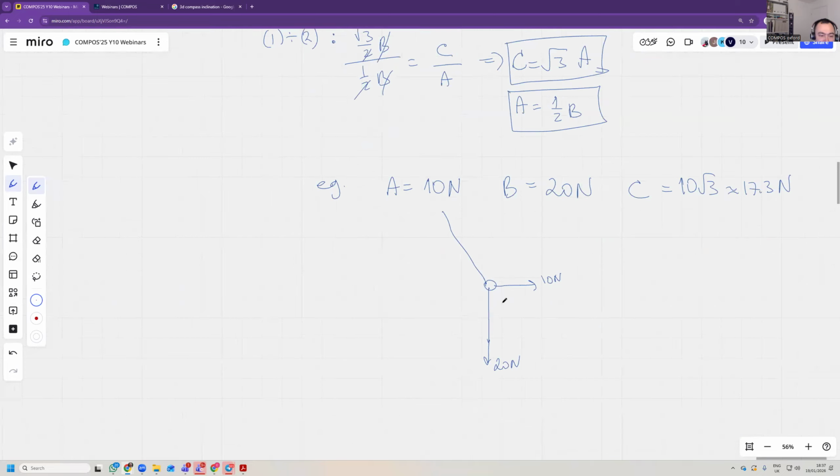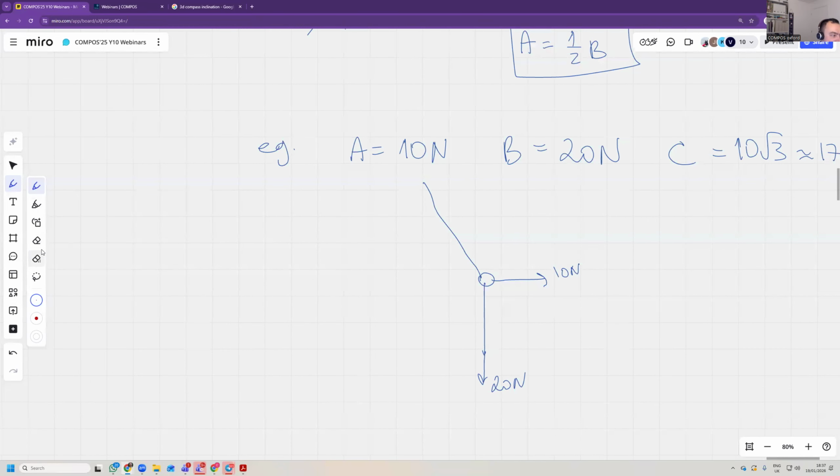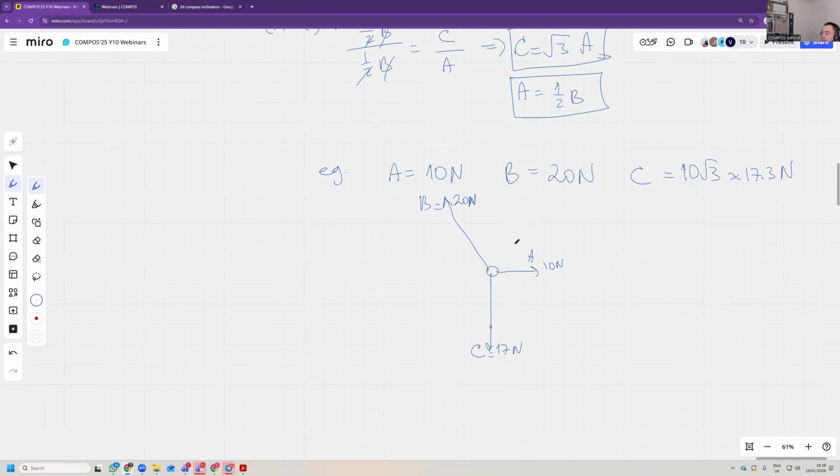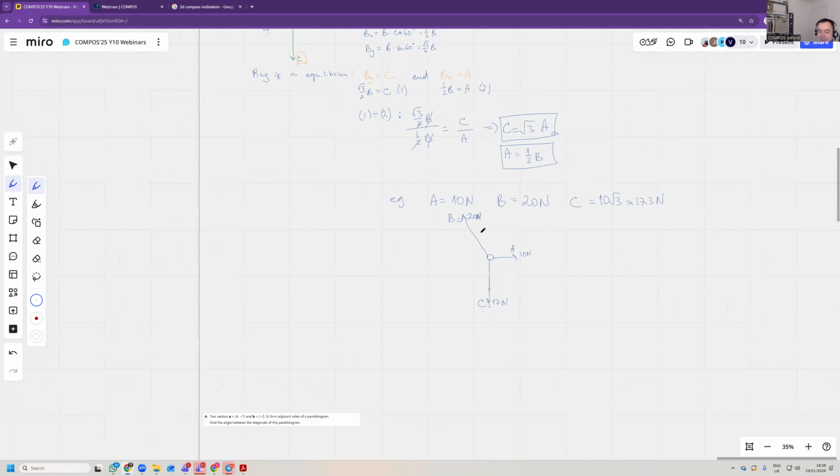This is 17 newtons, and this is 20 newtons. Yeah, and it does kind of make sense. So this is A, this is B, and this is C. Okay, hopefully that makes sense.